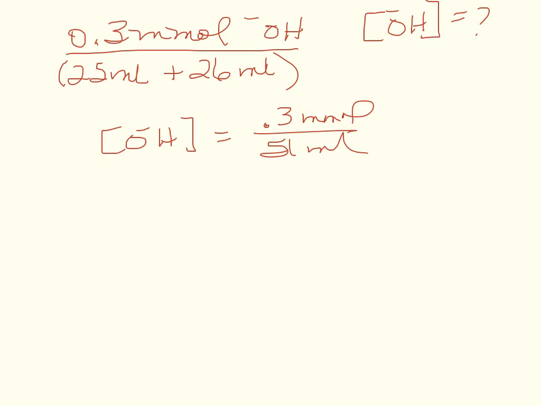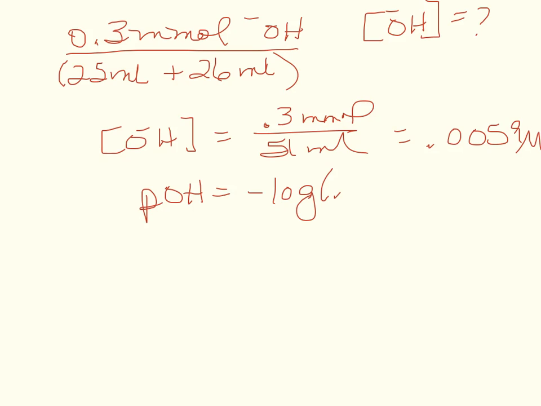And so that concentration is 0.0059, capital M for molarity. Okay, so again, to get pH, I guess I would probably do pOH first. So minus log of the concentration of hydroxide.